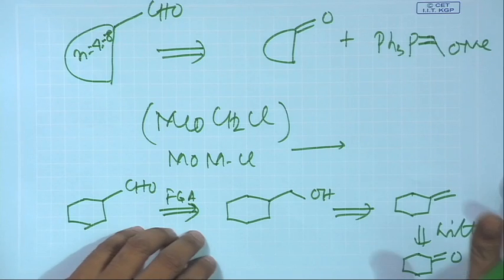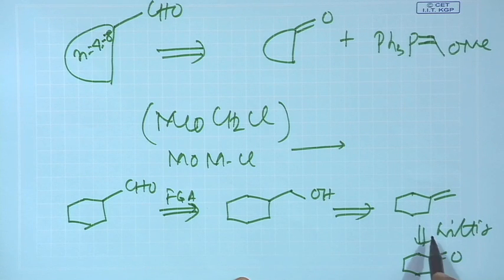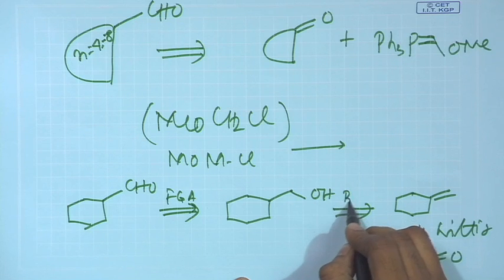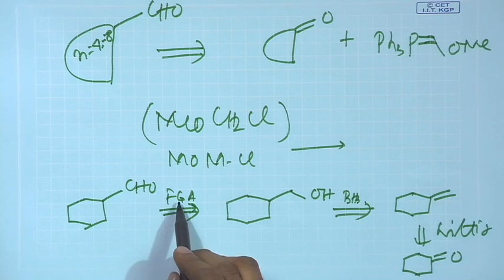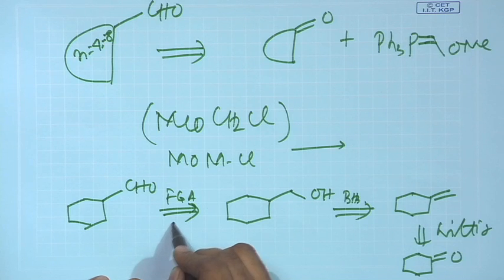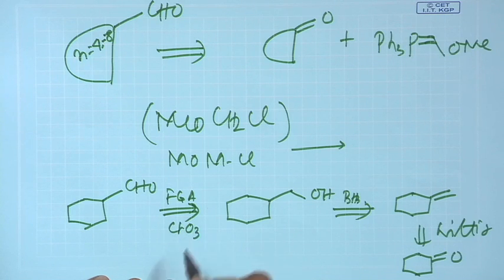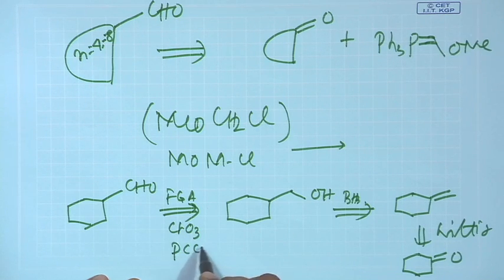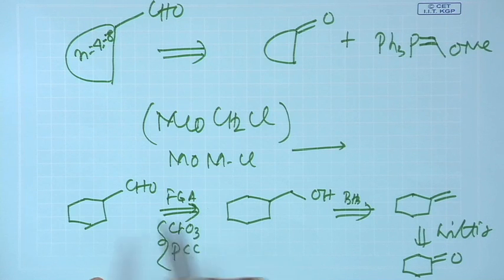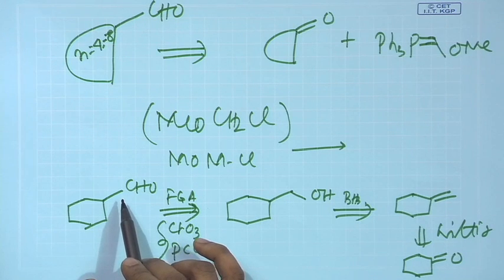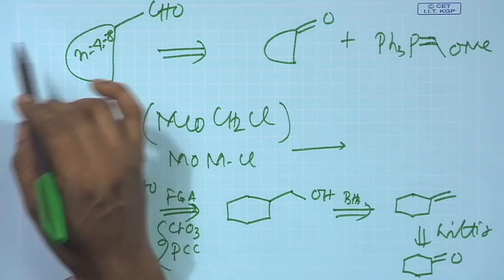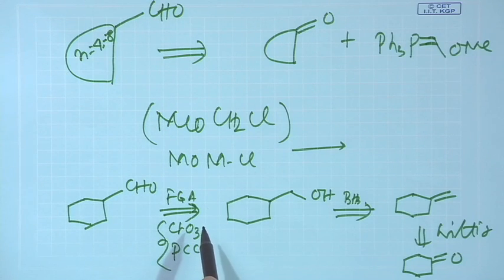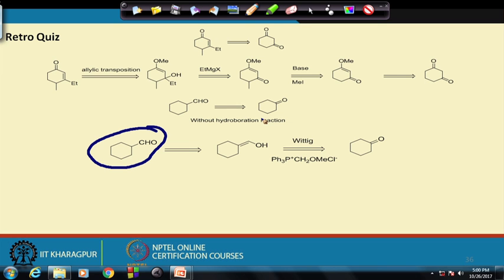So, cyclohexanone, Wittig, you get here. You do a hydroboration, meaning borane-THF, and you get cyclohexylmethanol. Functional group addition by simple oxidation, let us say chromium trioxide or PCC, pyridinium chlorochromate, or another oxidizing agent, and you come here. But we are giving a prerequisite in this particular problem: you cannot use the hydroboration reaction.